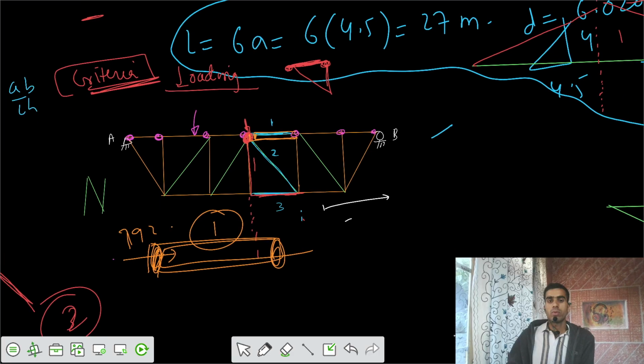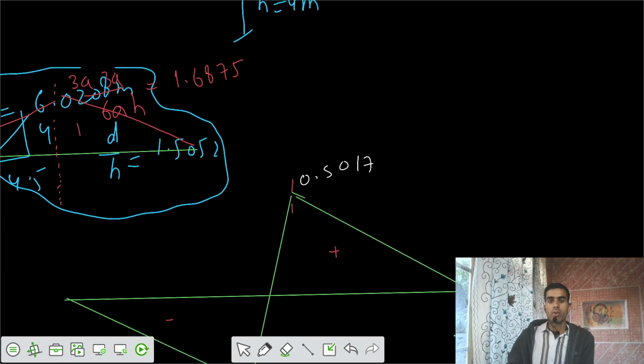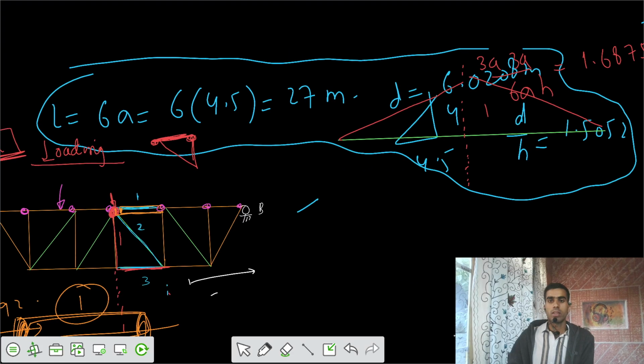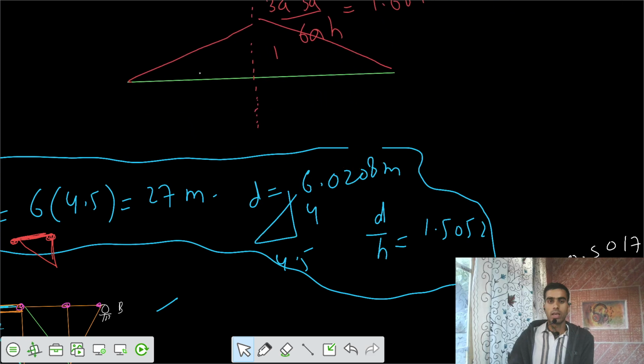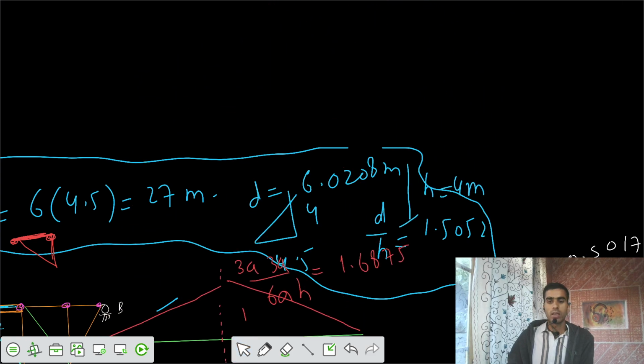Now let's go for member 3. We got the diagram for member 3, I think this one. Yes, this is the diagram for member 3.